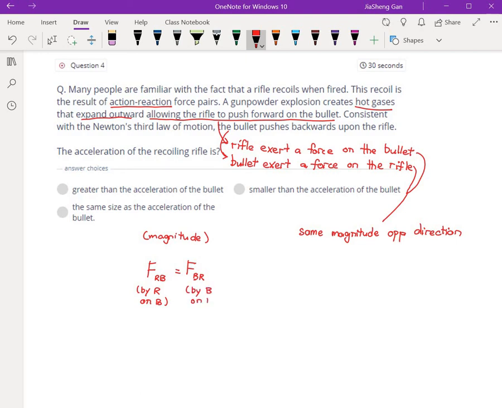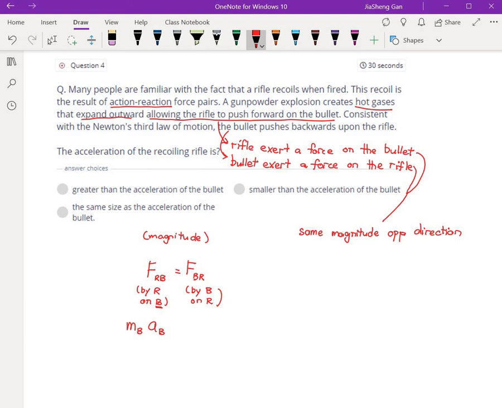So for the left hand side, this will be equal to the mass of the bullet. The one experiencing the force is the bullet, so it is the bullet that accelerates. Acceleration of the bullet, not the rifle.